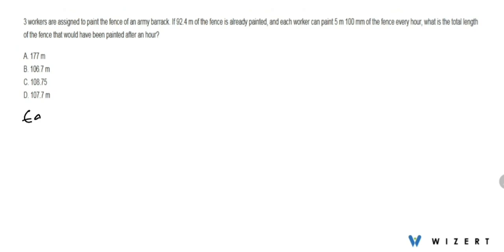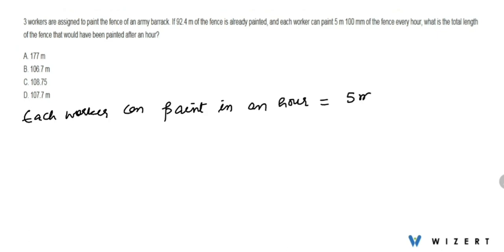So first of all, it is given that each worker can paint in an hour 5 meter 100 millimeter.